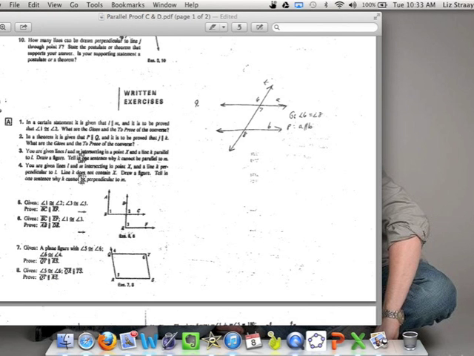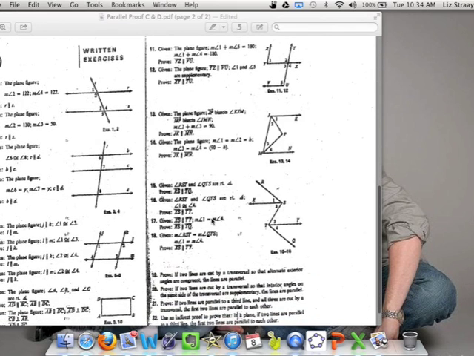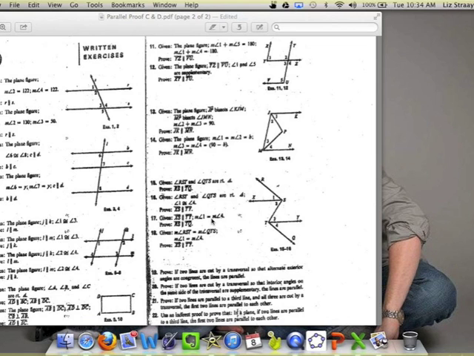So your homework then is on worksheet C, number 6, 7, 8, and 9. Notice 9 is handwritten off to the side. And on worksheet D, 2, 4, 6, and 20.